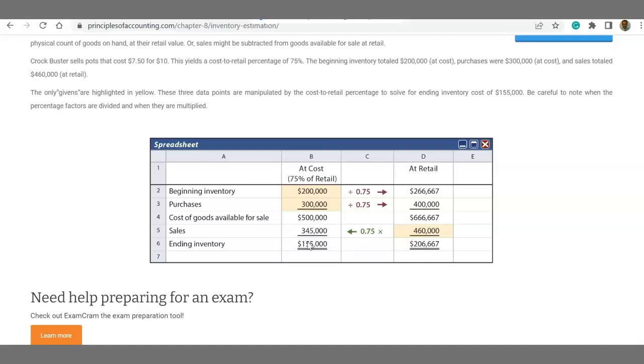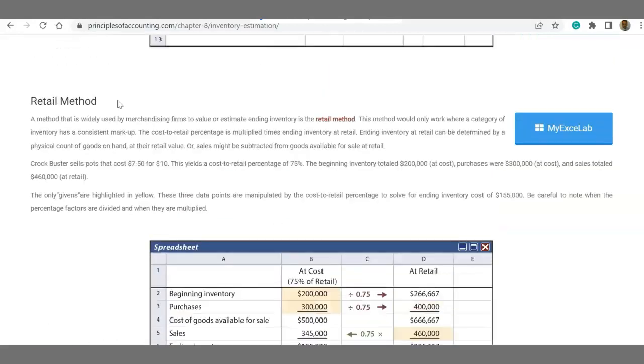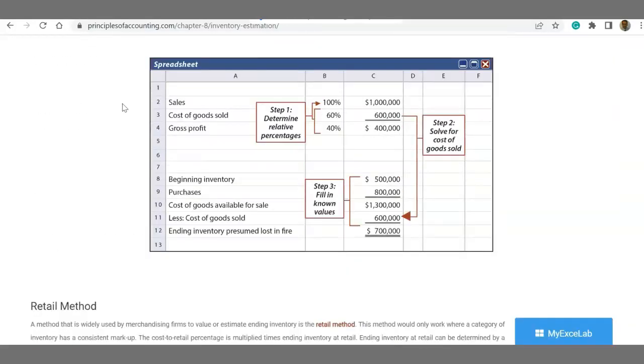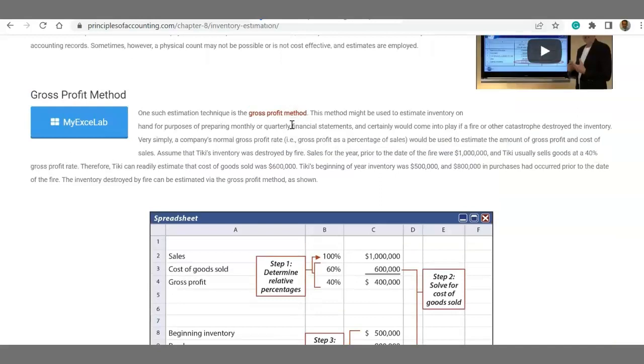By knowing the ending inventory, we can calculate the cost of goods sold right there, 345, and prepare our financial statements. So this is the retail method, acceptable by GAAP. Gross profit is a little bit easier, but it's just acceptable for estimation of inventory, maybe for fire type of issues or something.